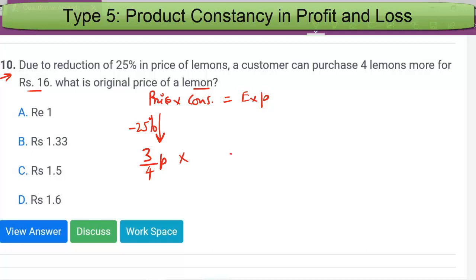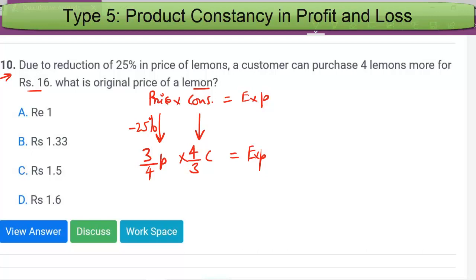So that means he is not increasing his expenditure, that remains the same, but because of this reduction in price, the consumption will definitely increase. So if the price has become 3/4 of the original, the consumption will be just the reverse, 4/3 into the earlier consumption.